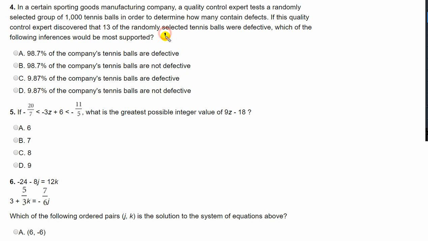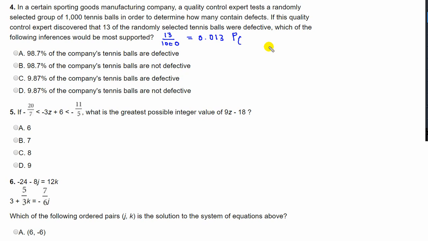Wait, let's see. What it's saying is 13 over 1,000. They will give you an answer of 0.013. That means out of 1,000 I got 13 units. If I turn this into a decimal, this will be the probability. What is the probability of getting a defect?